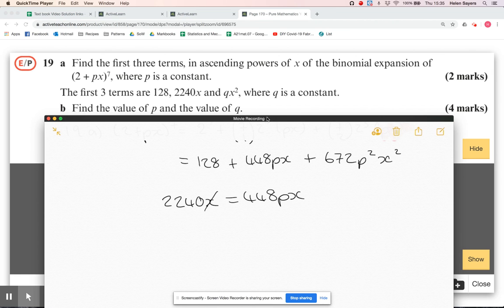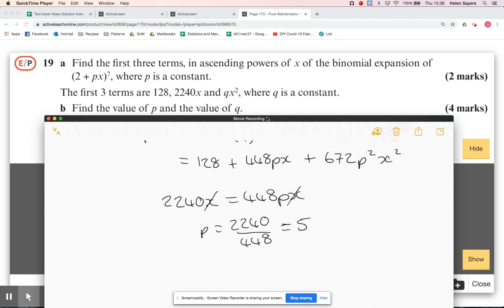So obviously we're really interested in the coefficients. So p is going to be 2240 divided by 448. It didn't actually say to simplify, but my calculator will simplify it for me, so I really might as well. Oh yeah, and that's an integer, so you definitely would have to give that as 5. So p is easier.